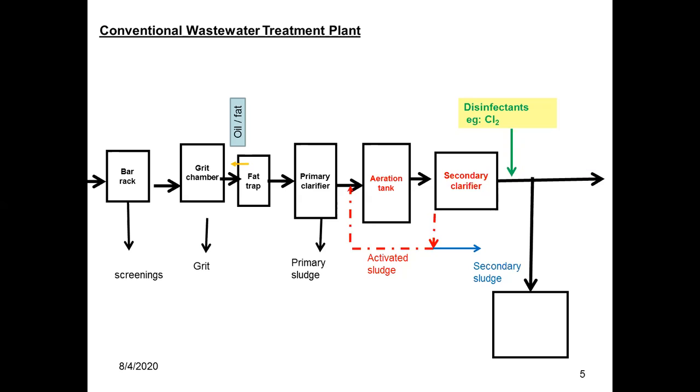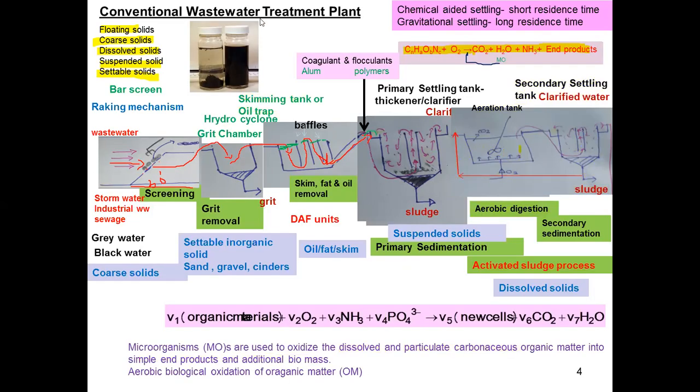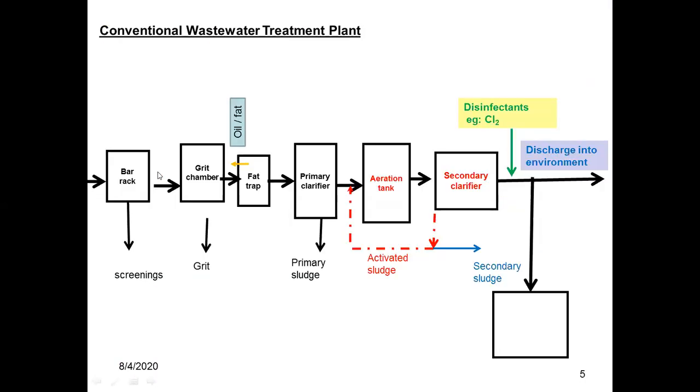In our previous diagram, I have drawn these symbols. Now you can see the simple block diagram of the conventional wastewater treatment plant from screening to secondary clarifier. The first unit operation is screening, where we can use a bar screen.